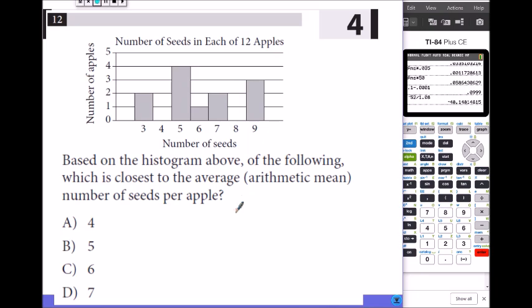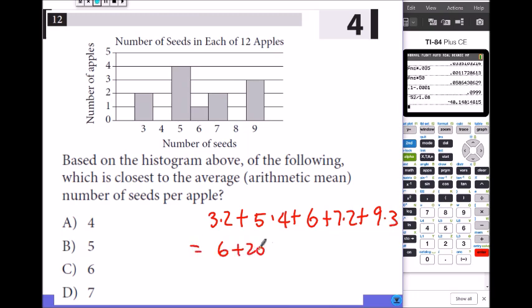So you will do 3 times 2, plus, that's the total number of seeds. 4 times 0, nothing. 5 times 4, plus 6 times 1, 6. 7 times 2, plus 8 times 0, nothing. 9 apples had 3. So that is 6 plus 20 plus 6 plus 14 plus 9 times 3 is 27.